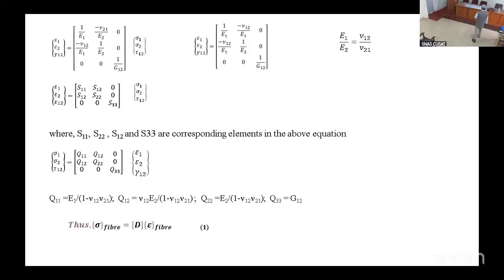So what we have to remember is that this again is a matrix form. You take the inverse matrix, and finally you will get E1, E2, and finally Q11, Q22, Q12, all this.